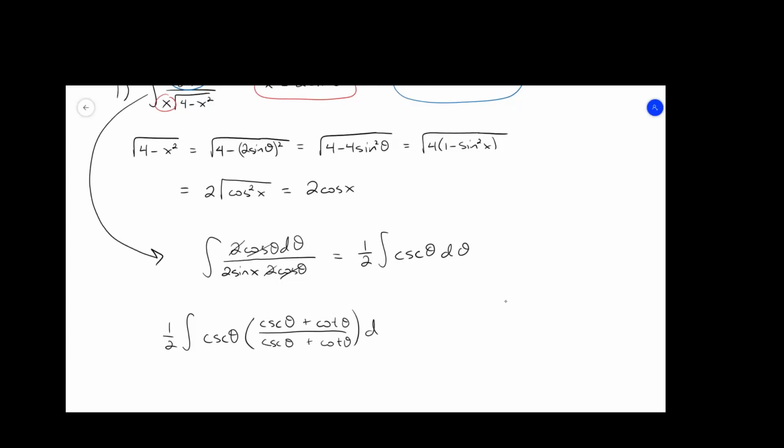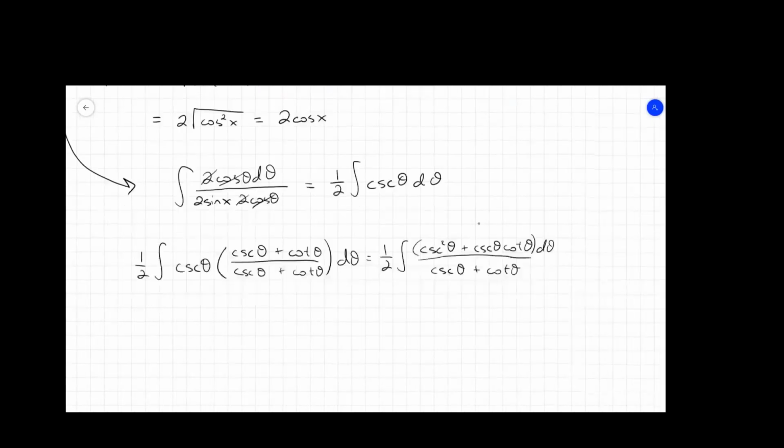Okay, so now this proceeds pretty much exactly how we did it for the secant function. We're going to get cosecant squared on top, and cosecant cotangent, and then we'll have the d theta too. In the denominator, just this stuff is left. Then you can see where this is going to go, just like the secant integral.